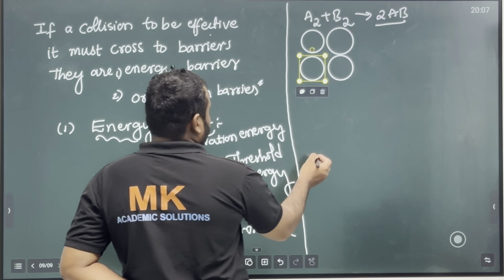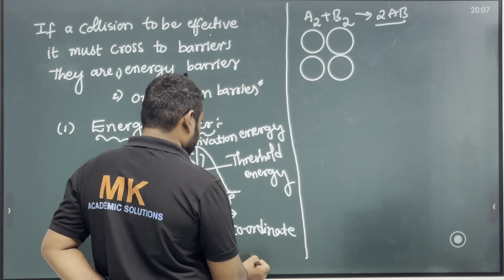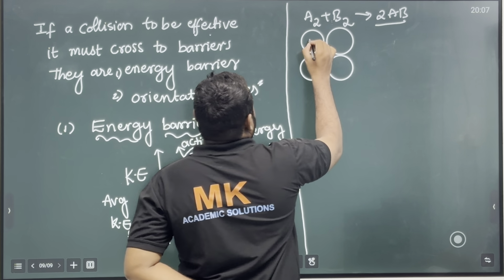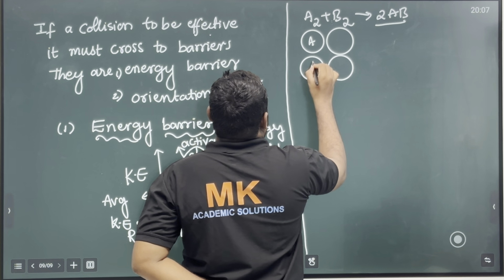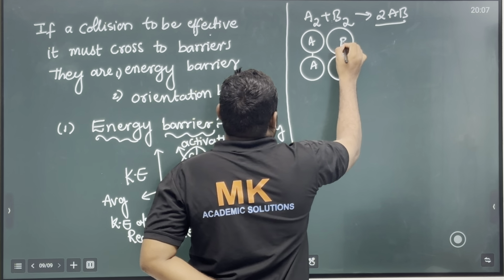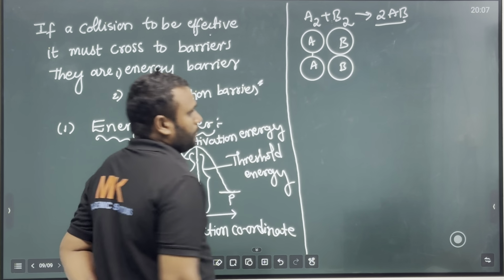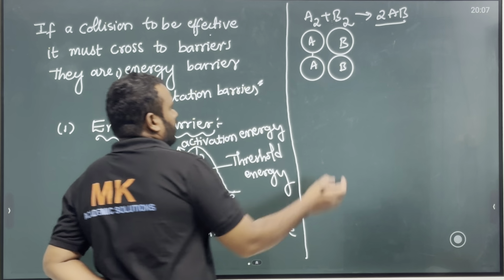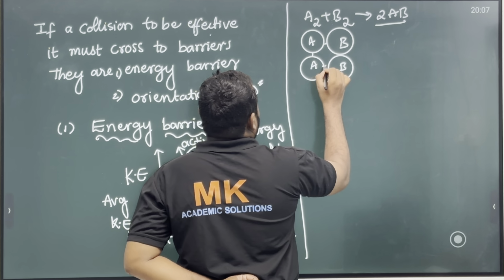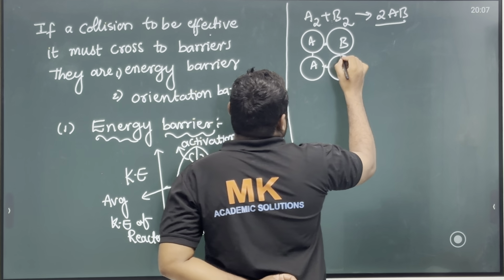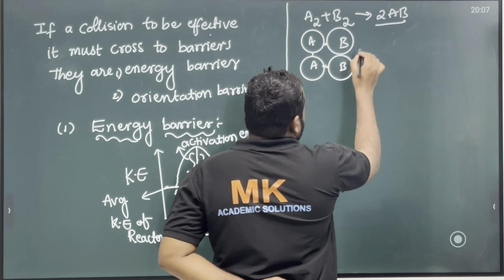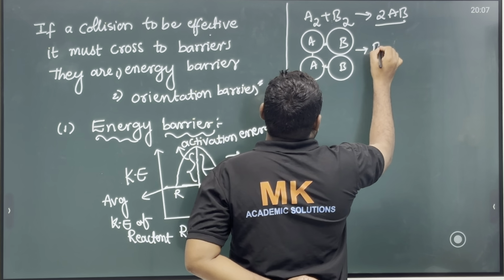Okay, let us assume. Now let us take this is the A molecule, and this is the B molecule. Let us consider this will be the proper orientation. This is known as what?